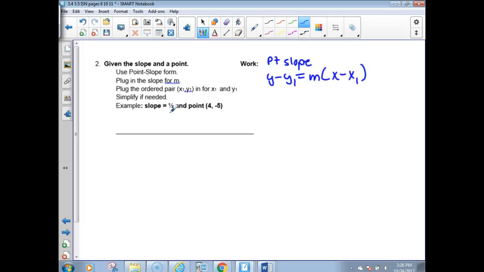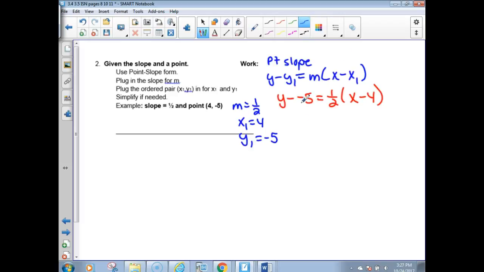This says it has a slope of 1/2, so m is 1/2. You have a point where x1 is 4, and y1 is -5. So we put those in the equation. y minus -5 equals 1/2 parentheses x minus 4.